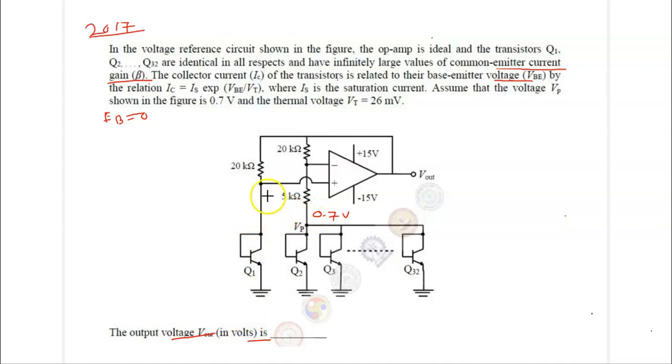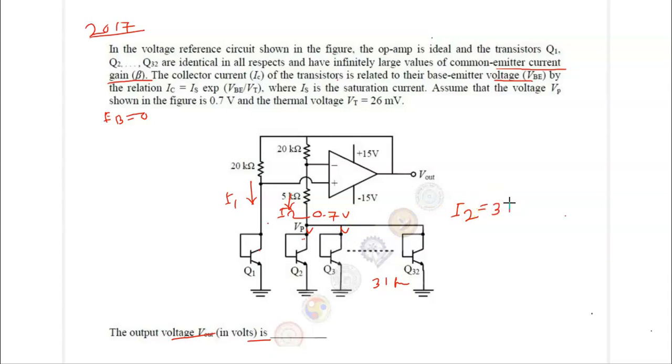First of all, you have two currents. This is your I1 and this is your I2. So according to the question, there are 32 transistors. If you leave this transistor Q1, then altogether you have 31 transistors here. So you can directly write your I2 is equal to, this is your current for Q2, this is for Q3, so altogether you have 31 transistors.